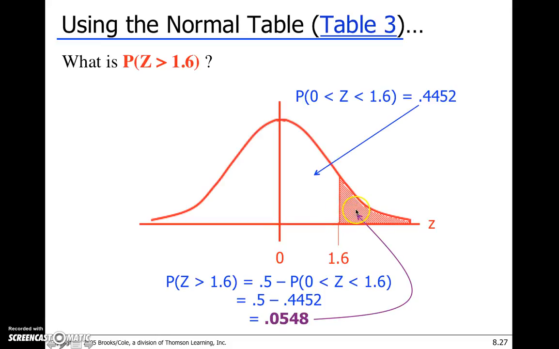So this little area must be obtained by subtracting 0.4452 from 0.5. That is, subtract this white area from the total area to the right of the 0, and that gives you 0.0548. So the probability z is greater than 1.6 is 0.0548.